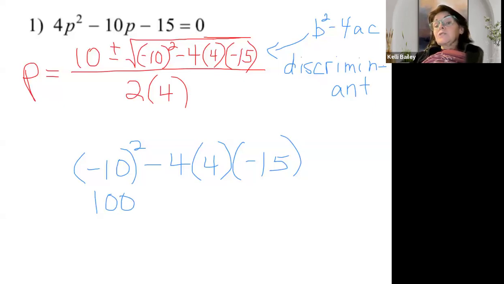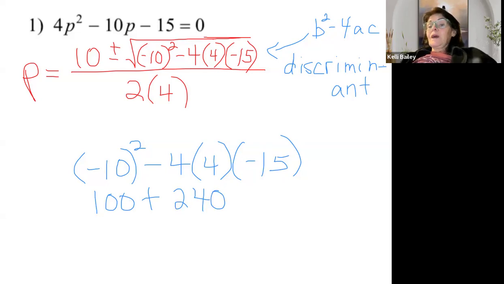Then minus and negative, I'm going to put those together, and I know that I've got a plus. And then I'm doing 4 times 4 times 15. 4 times 15 is 60. 60 times 4 is 240.